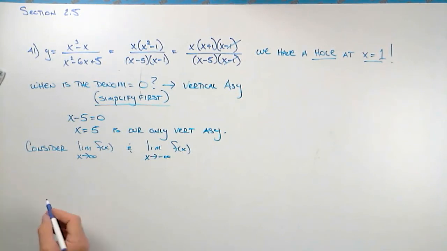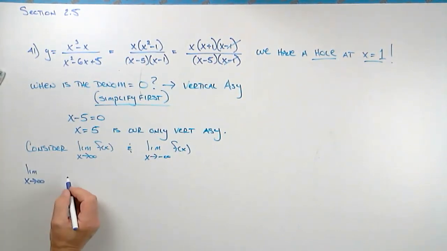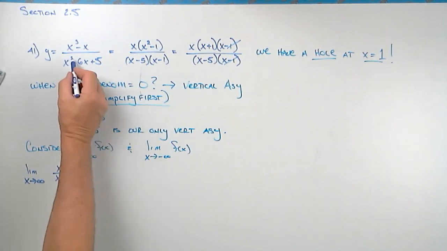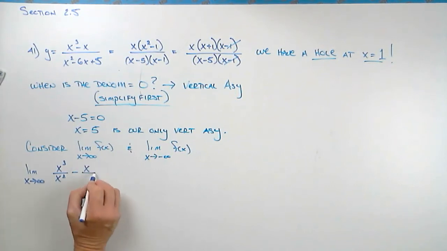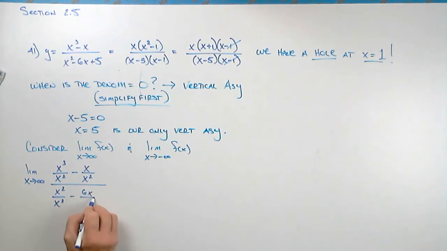We rewrite this as the limit as x approaches infinity of x cubed over x squared, because we divide everybody by the highest power of x in the denominator, minus x over x squared, divided by x squared over x squared, minus 6x over x squared, plus 5 over x squared.